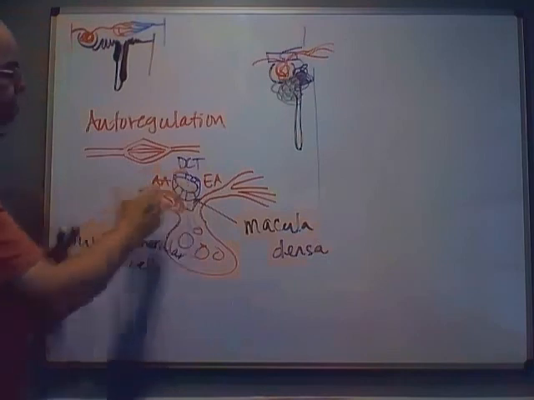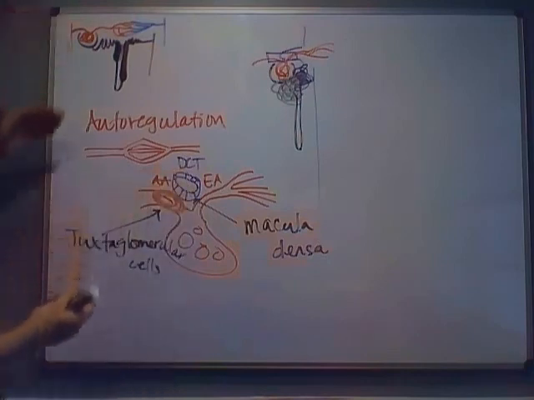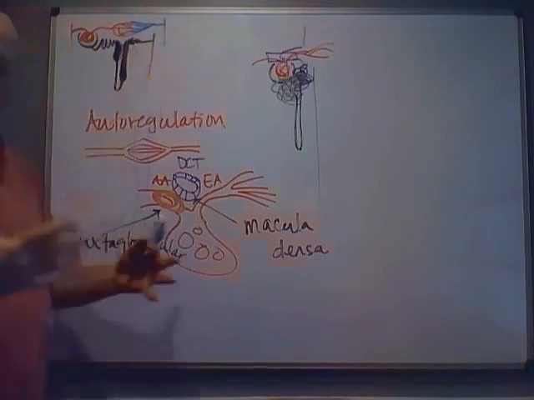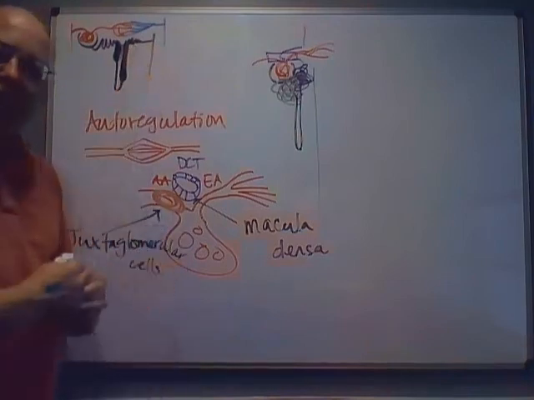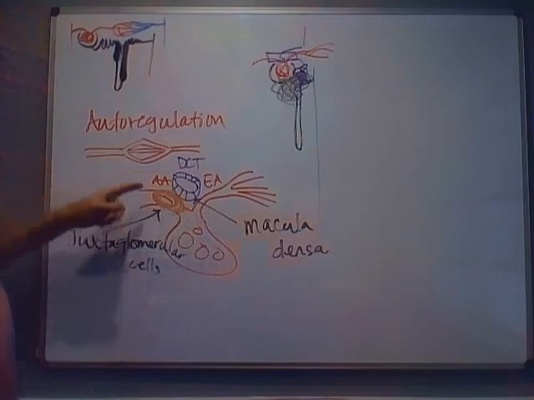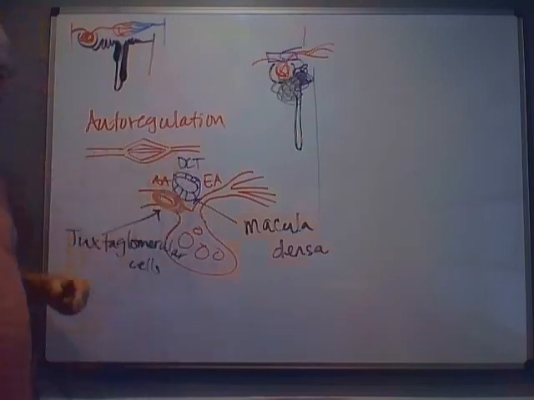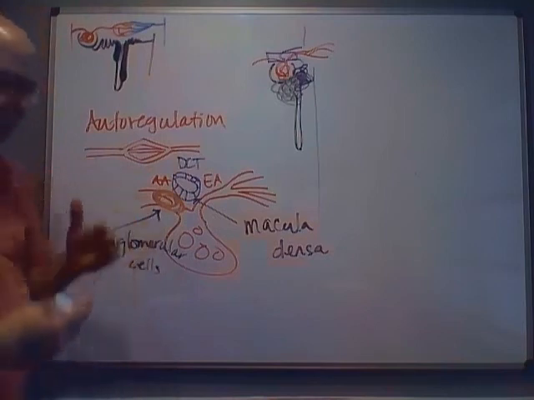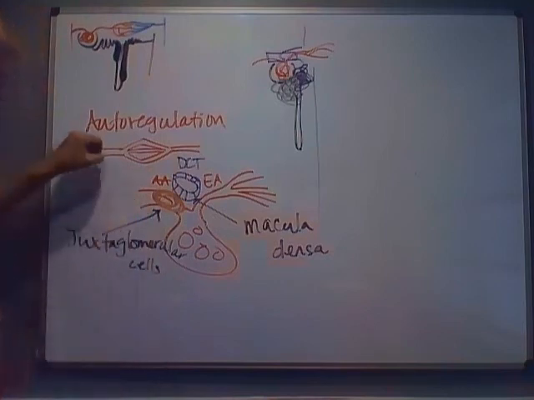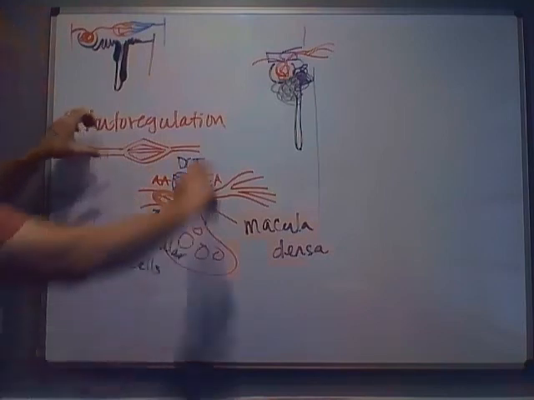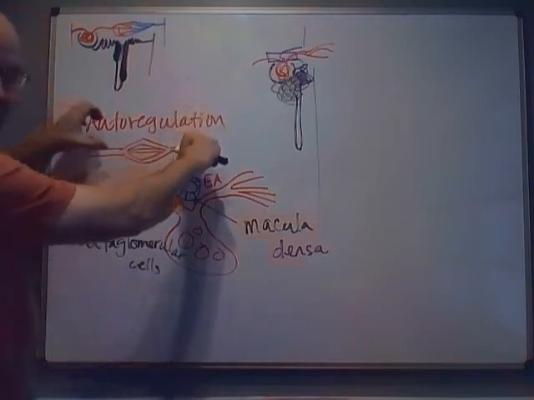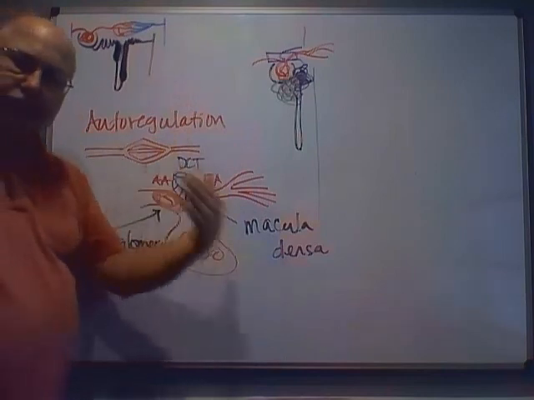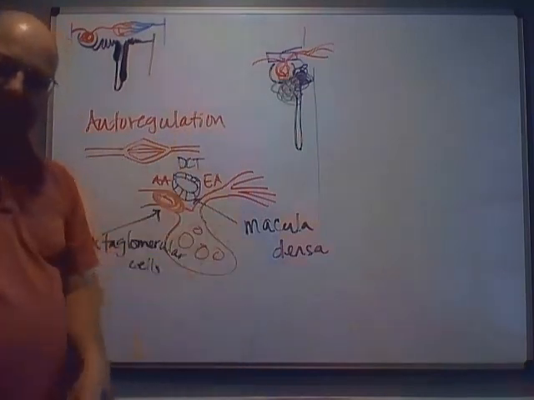Those two cells are monitoring the pressure of fluid coming in and the pressure of fluid over here. And if those pressures are not right, then there's a mechanism where they can affect the afferent and efferent arterioles. If they detect that filtration and blood pressure are low, I'm going to dilate the afferent arteriole and constrict the efferent arteriole to restore that pressure so that my glomerular filtration rate remains constant.